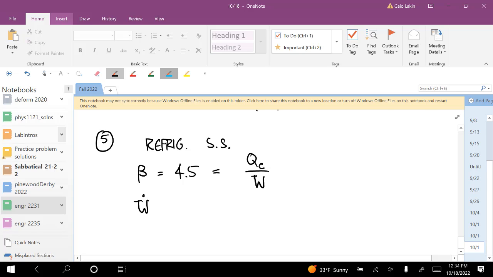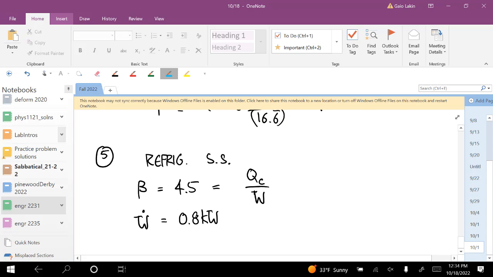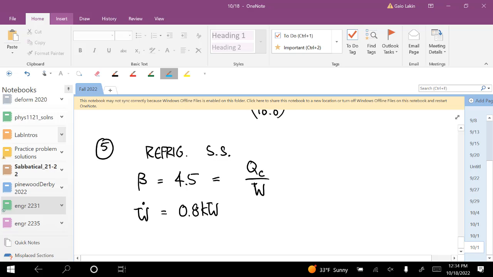Our work is 0.8 kilowatts. And the temperature that heat is ejected to is 20 degrees Celsius.